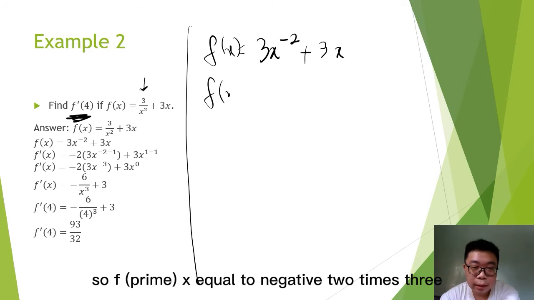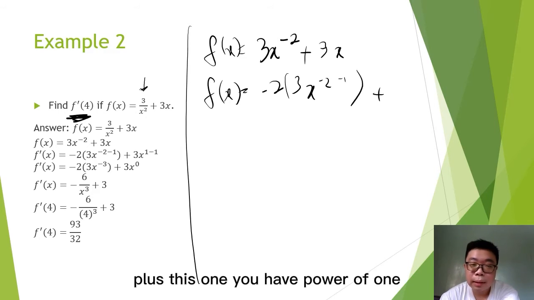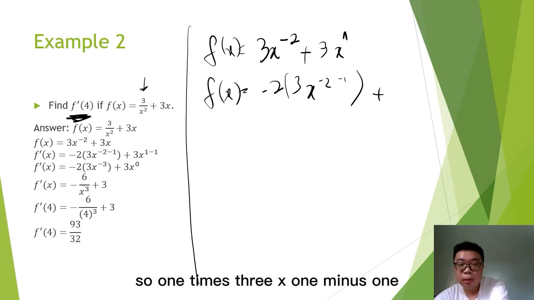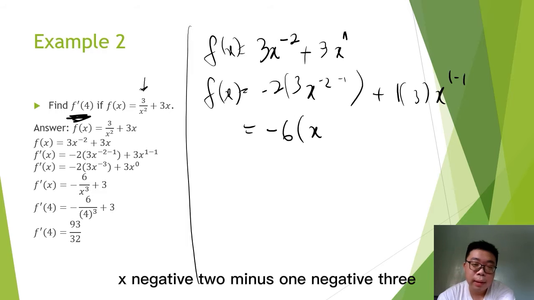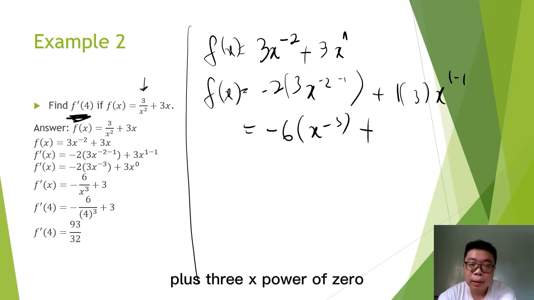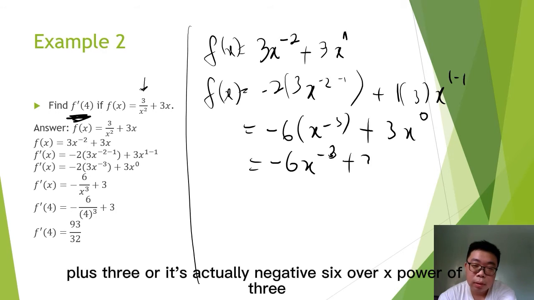So f prime x equals negative 2 times 3x^(-2-1) plus, this one is the power of 1, so 1 times 3x^(1-1), equals negative 2 times 3, we have negative 6, x^(-2-1), negative 3, plus 3x to the power of 0, and you get negative 6x^(-3) plus 3, or it's actually negative 6 over x to the power of 3 plus 3.